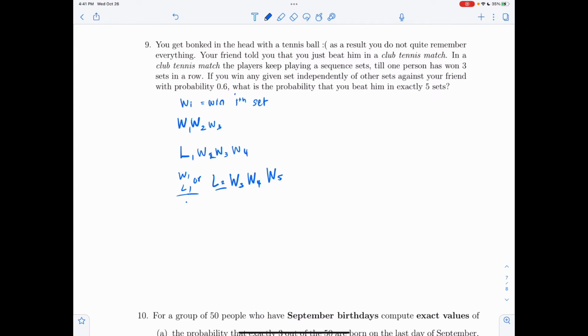Because that would give you 3 in a row at the end, and the one right before the last 3 wins should be a loss. Okay? So the question is, or maybe I shouldn't write L. I haven't introduced that, so I should do W1 complement.